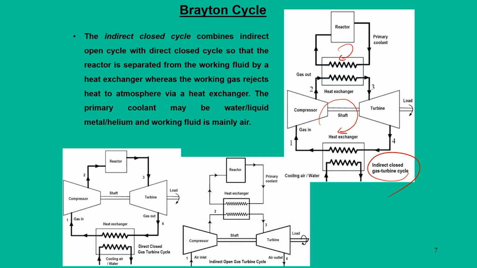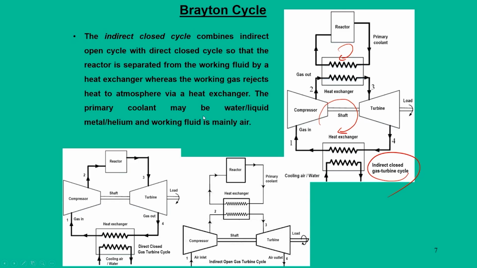Basically two different working fluids that do not mix with each other, and this is the most efficient gas turbine cycle we can have, mainly used for power generation. Another advantage is that we are not supposed to rely on one particular gas, we can have multiple possibilities of gas to optimize power and efficiency requirements.